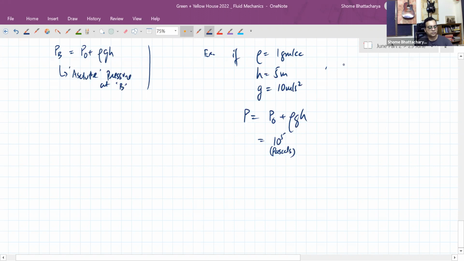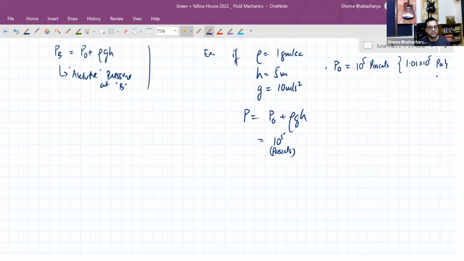Here we are taking an approximate value of atmospheric pressure as 10 raised to power 5 pascals. The more accurate value is actually 1.01 times 10 raised to power 5 pascals at sea level, and of course it varies with the height of a position with respect to sea level.